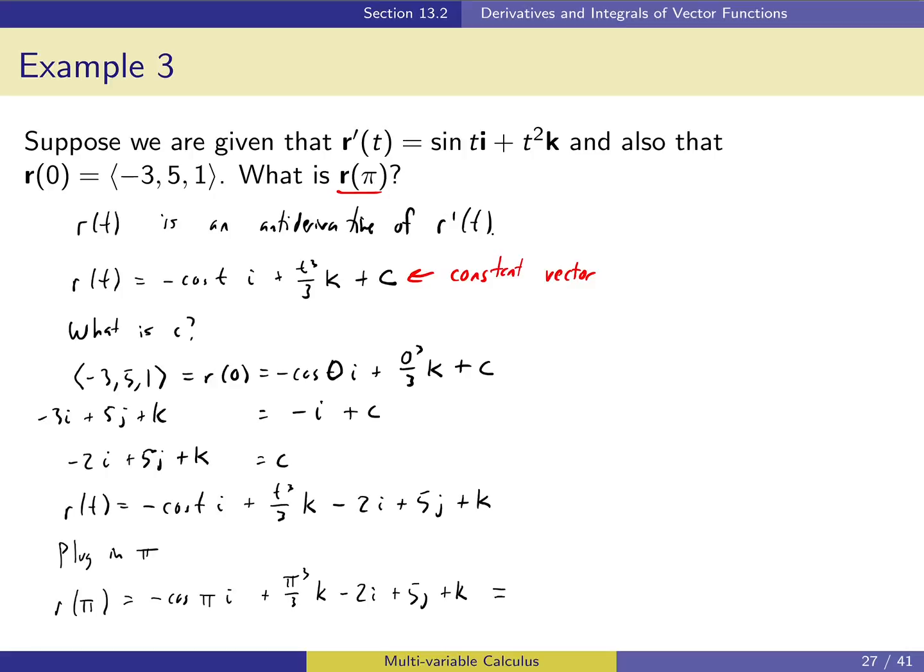Pi cubed is not something that we know how to simplify, so we should be able to write this as negative i plus 5j plus pi cubed over 3 plus 1 k. And that is our answer.